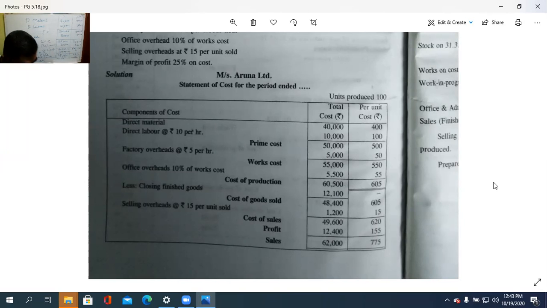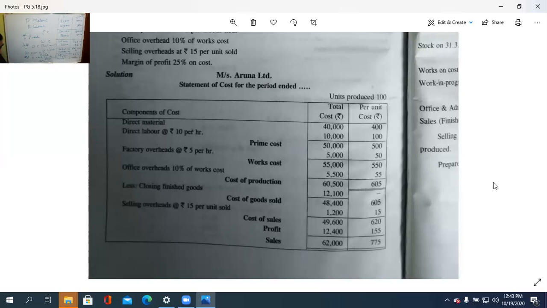Yes, 25% on cost means 125% of cost is the selling price. Take 125% of 49,600, that is the sales. The 25% of it is the profit. So not 25%, we have to take 125% of the cost of sales.